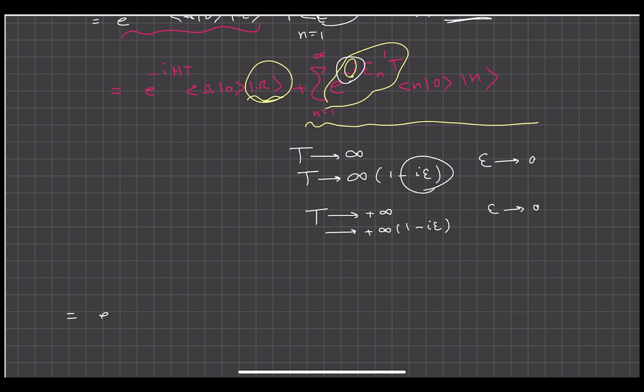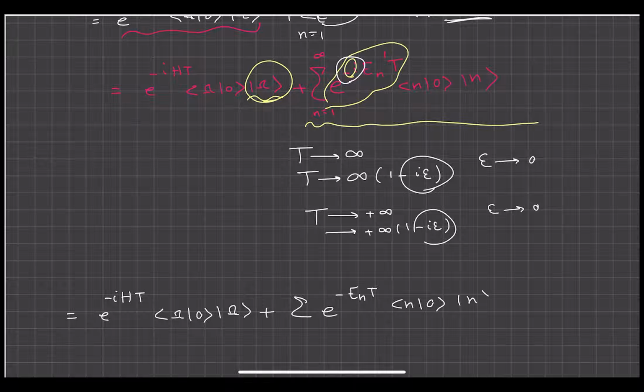So I'm going to have the exponential. The first term is this. The second term is going to be like the exponential of minus E_n t, if we absorb that imaginary component epsilon, of n 0 to n. Then for these terms, for n equal to 1 to infinity, t goes to infinity over a small shift on the imaginary axis.